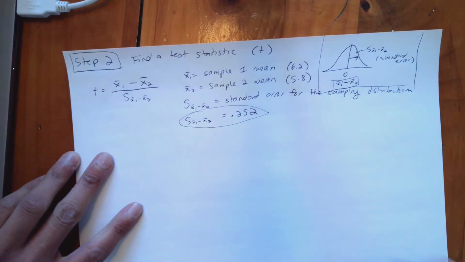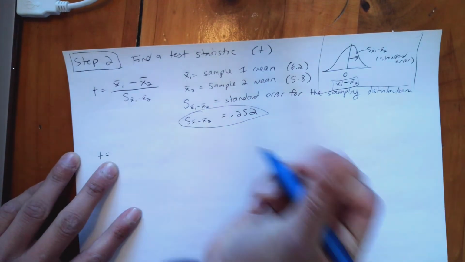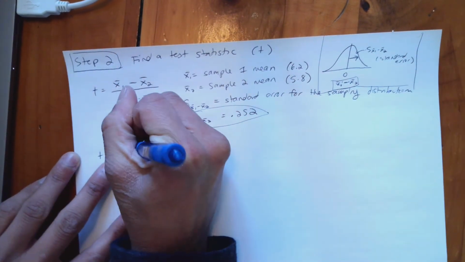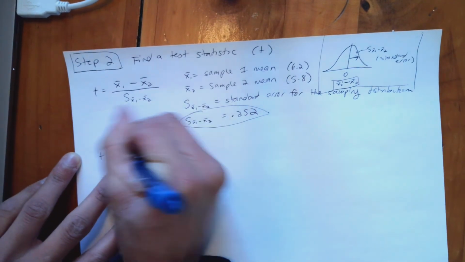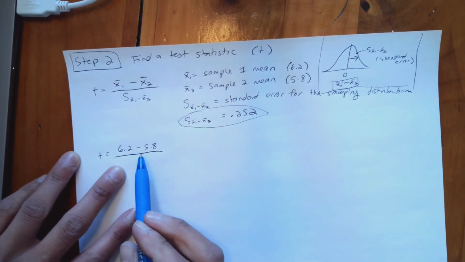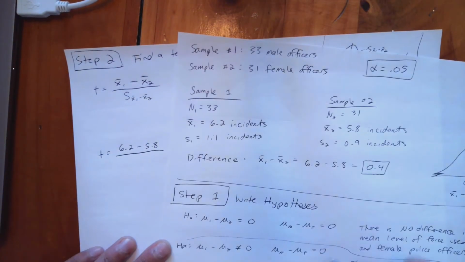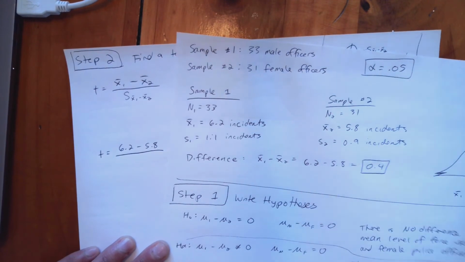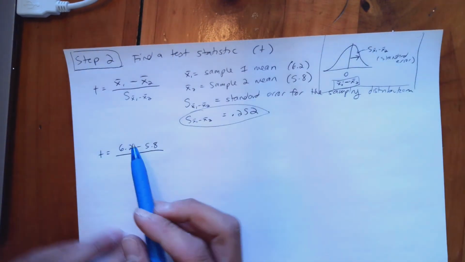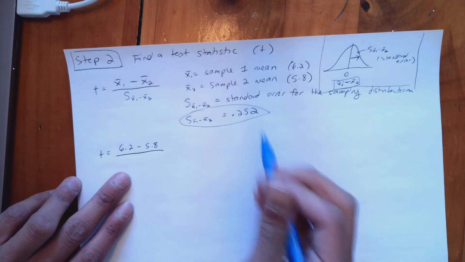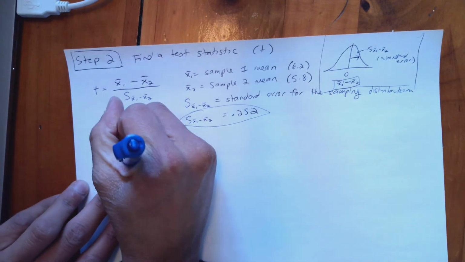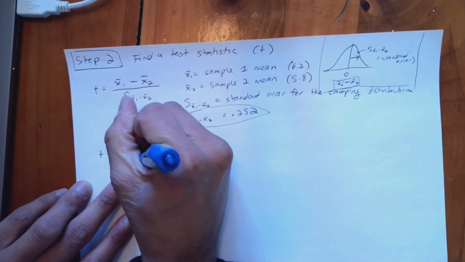We'll plug these in, so to get our t-statistic, we're going to have 6.2 minus 5.8. And you should notice that's just the difference also that we calculated before. So we had 6.2 minus 5.8 is 0.4. So it's the difference that goes on top. And then our standard error for the sampling distribution, which will be given.